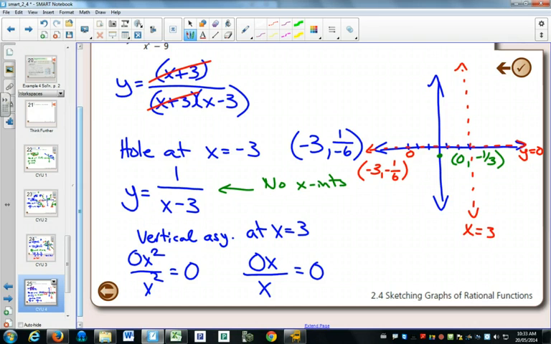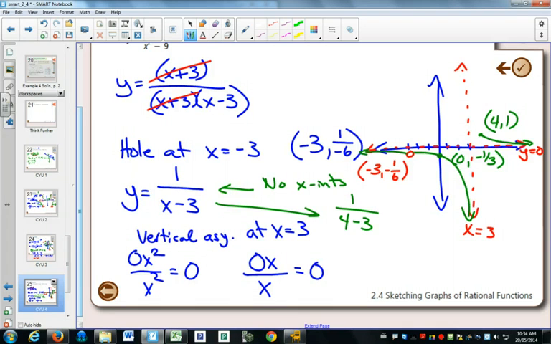Say if I plug in 4, I'm going to get 1 over 4 minus 3, which will be 1 over 1, which tells me at 4, I have the point 4 comma 1. And now you can just draw it towards the asymptotes, and you're done.